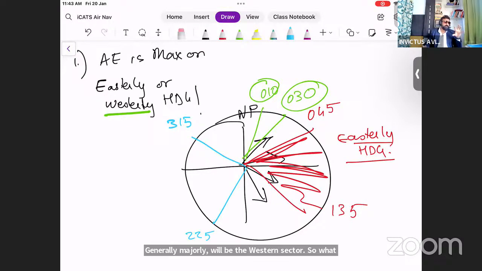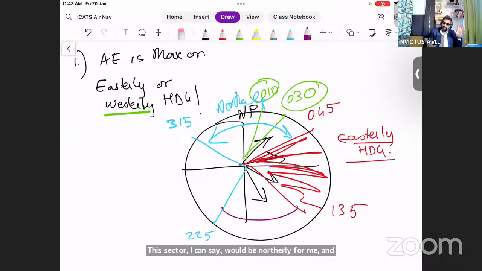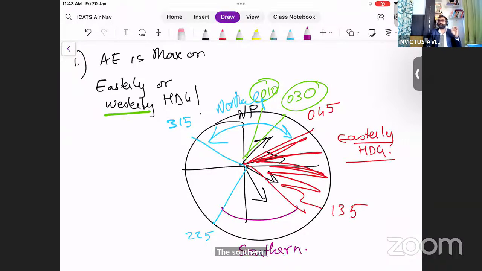If this is the western sector, then this sector I can say would be northerly for me. And similarly, this sector here I can say will be southerly.